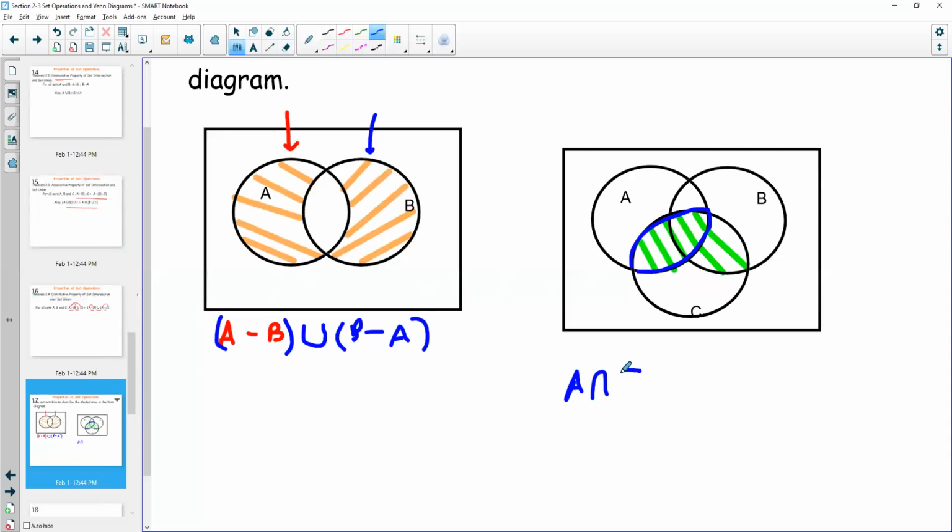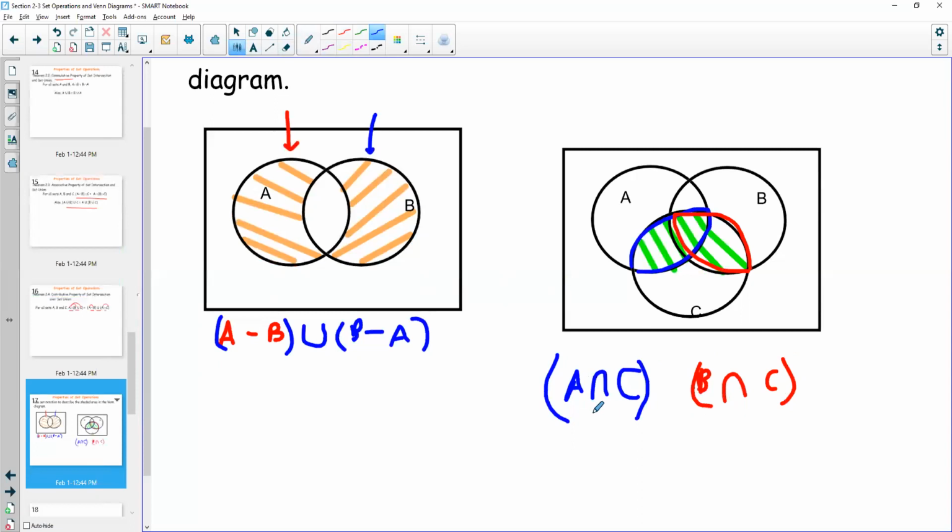A and C. Now, let me get a different color. This section here is, sorry, not A, is B and C.